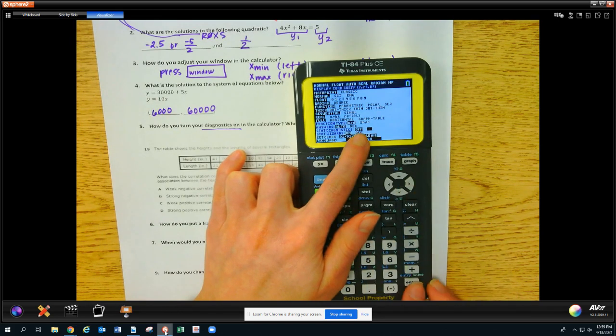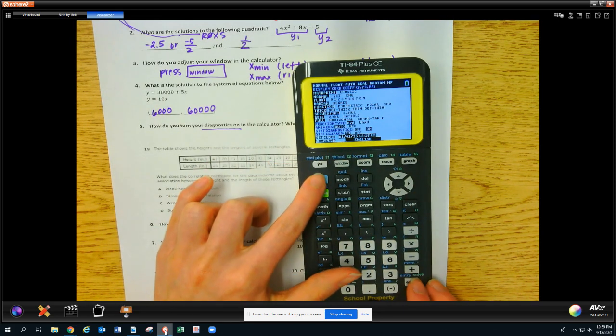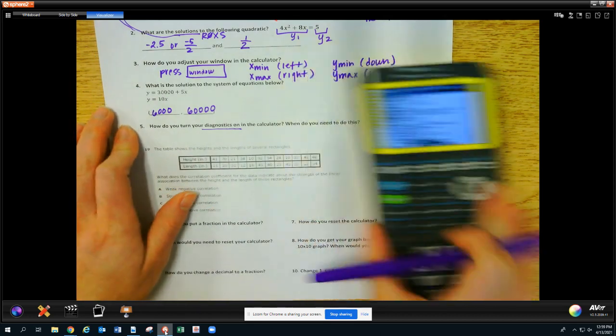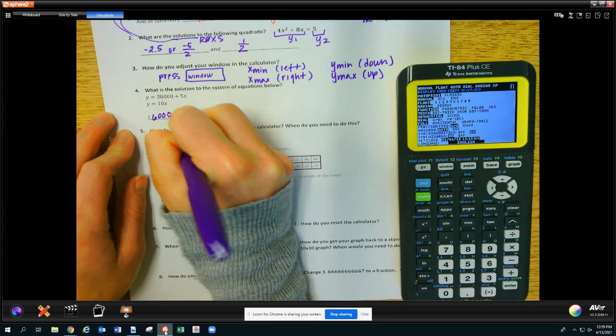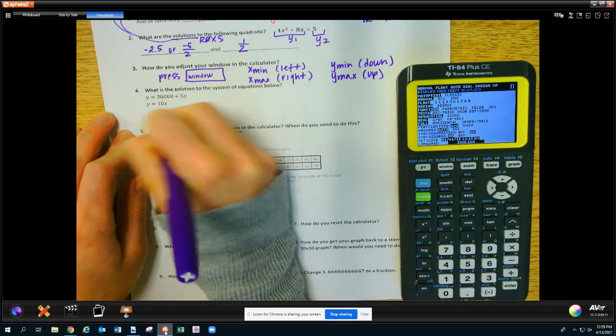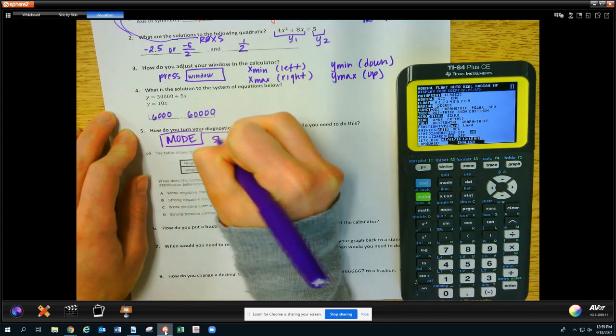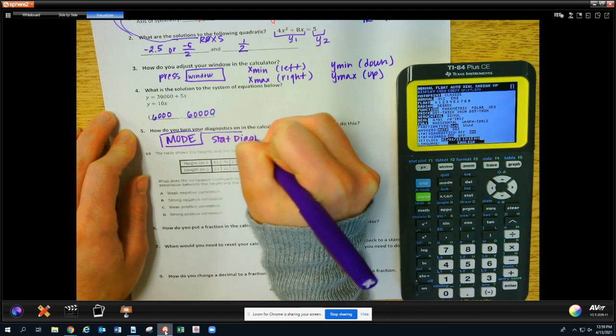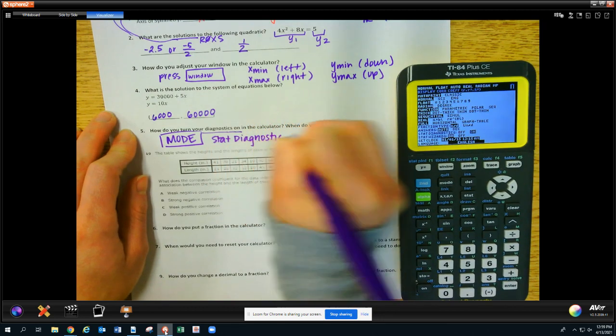So you need to turn it on. Mode, stat, diagnostics, on.